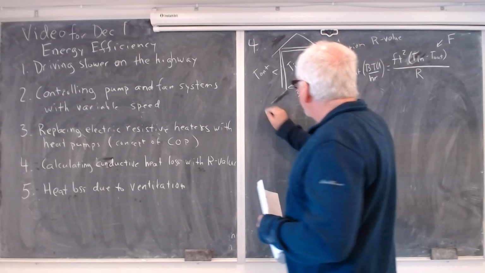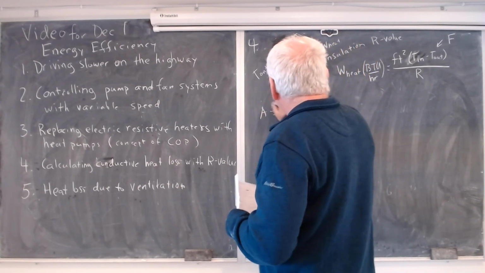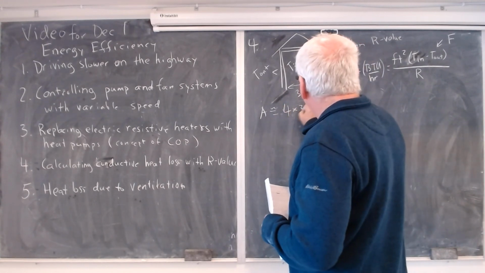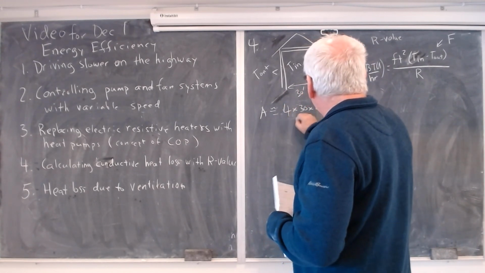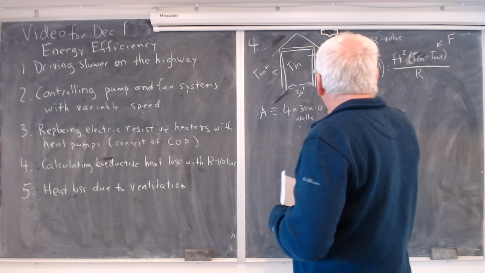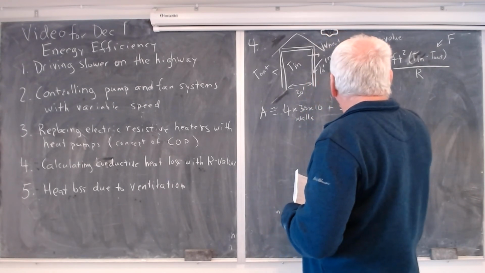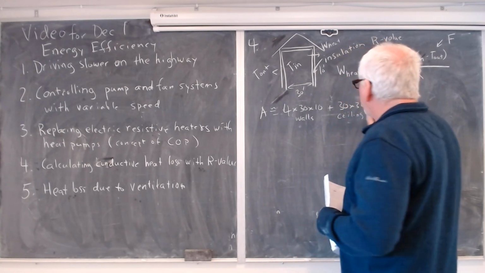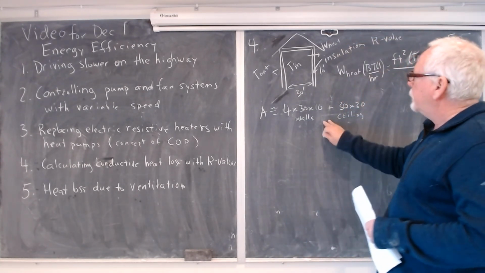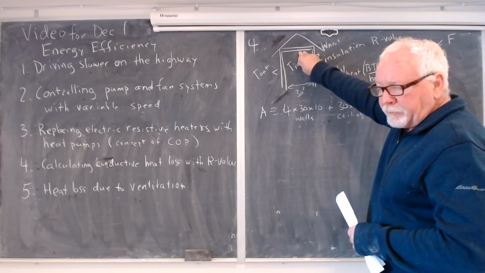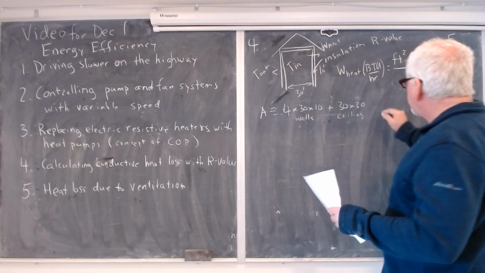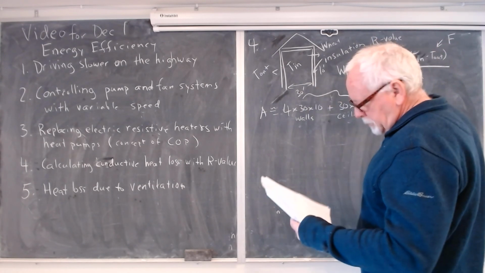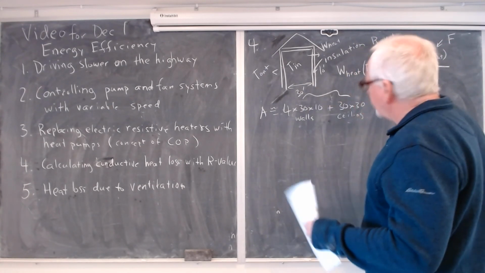So the area A is approximately 4 times 30 times 10, that's the walls, plus 30 times 30, that's the ceiling. Usually the ceiling has a higher R value, more insulation than the walls, but if we assume it's all the same, that works out to 2100.